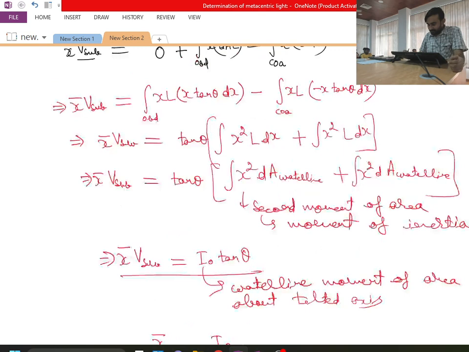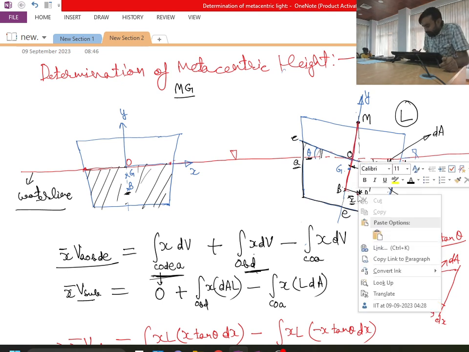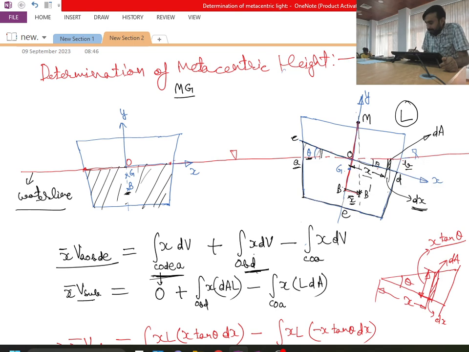Now you relate it to point MB. So this distance from here to here is my MB. Okay, and this distance is x bar, which is perpendicular distance to this, and this angle is theta. So this is perpendicular, this is base. In terms of tan theta, what will it be?